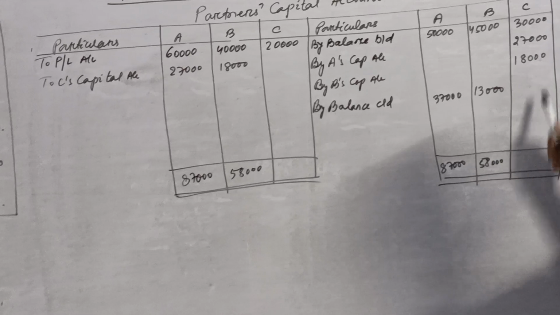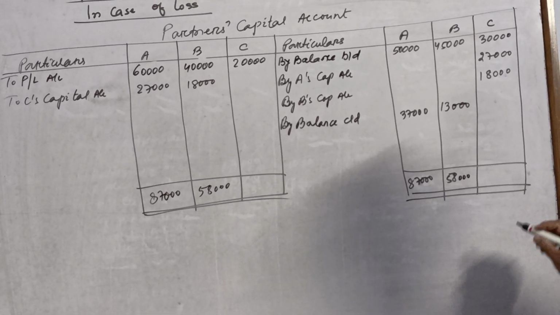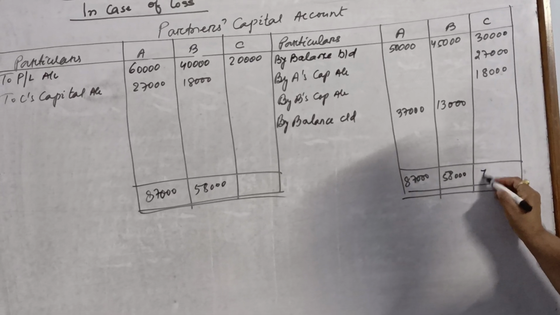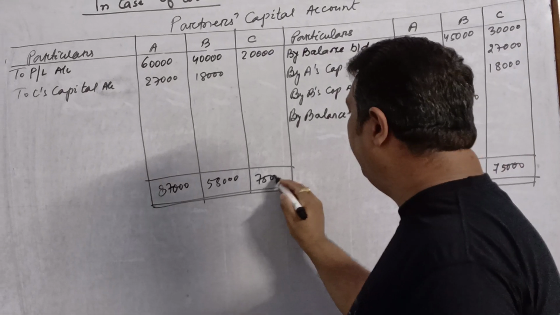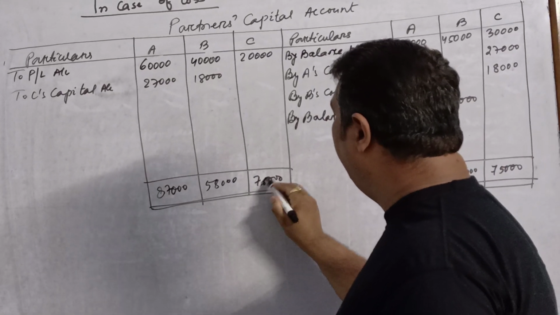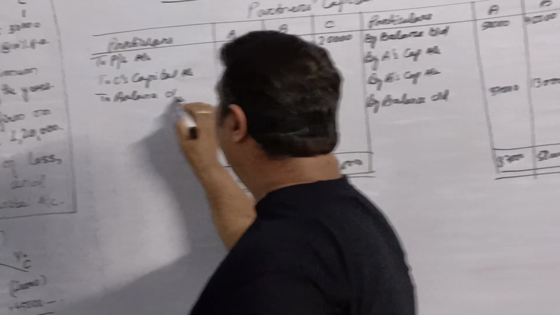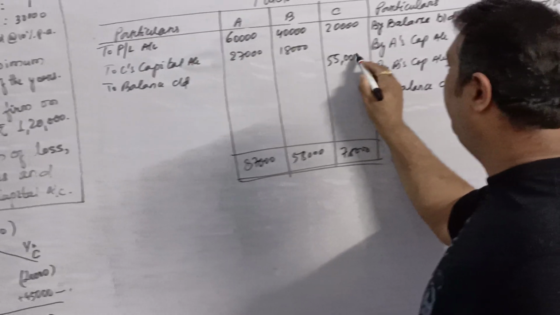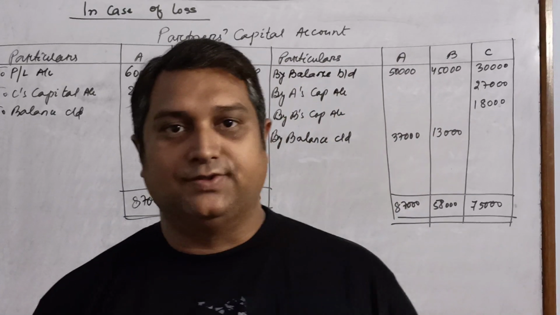But C's credit side is more. It will be rupees 75,000. This 75,000 will be transferred over here, and the balance carried down will be 75 minus 20, that is 55,000. We will take one more example to understand the concept.